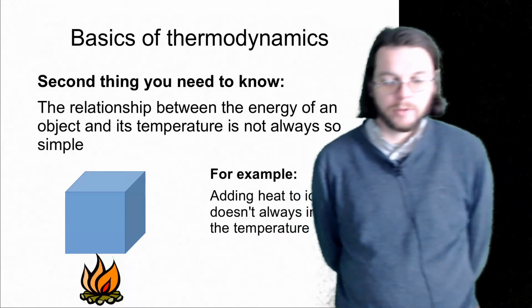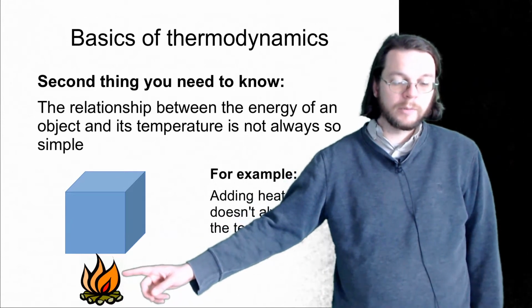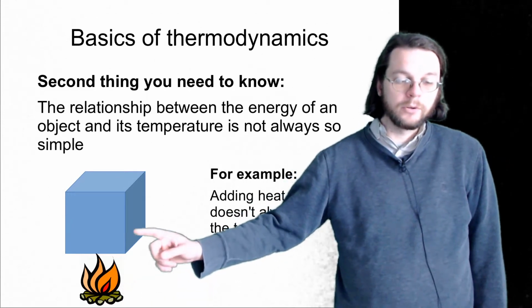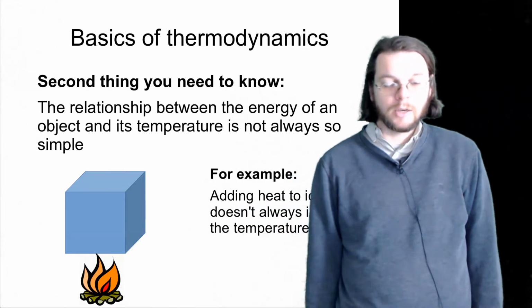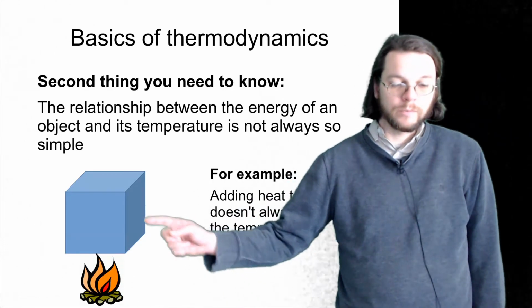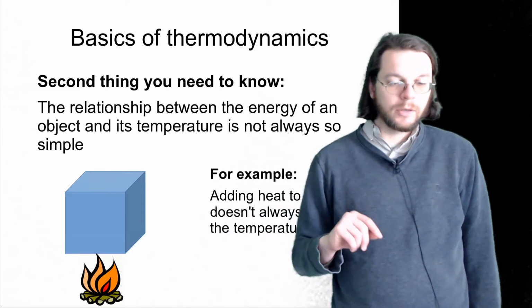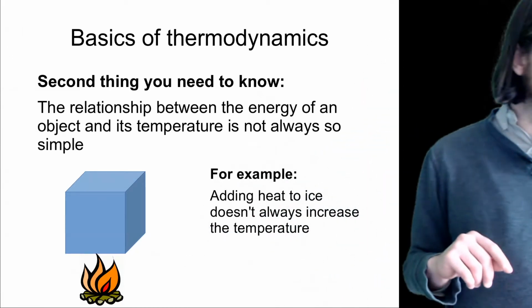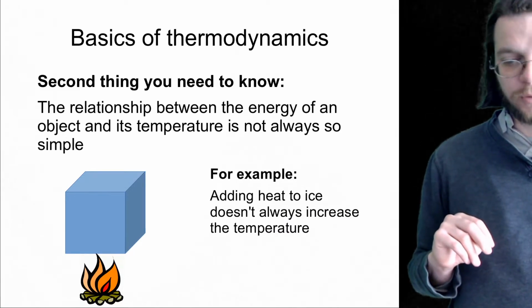For our purposes, what's interesting is that you're adding energy to the ice, so there's a little flame underneath this thing, and all you're doing is converting it from the solid phase to the liquid phase. It is not actually heating up. It might still be at 0 degrees centigrade. So the relationship between the energy of the object and its temperature can be surprisingly complicated sometimes.